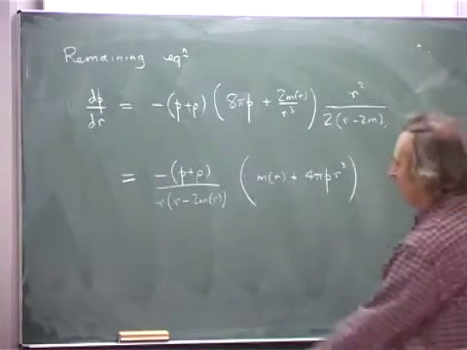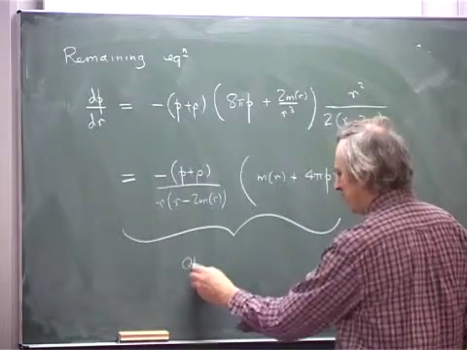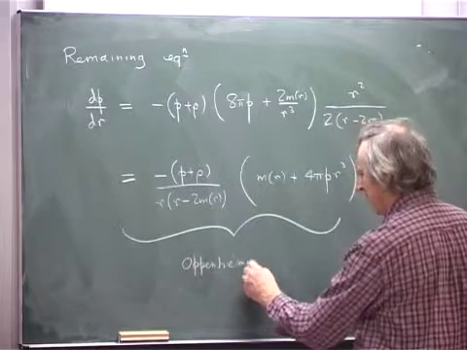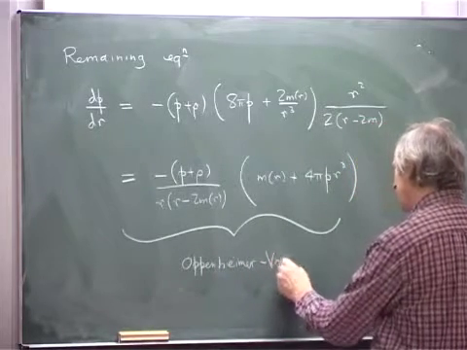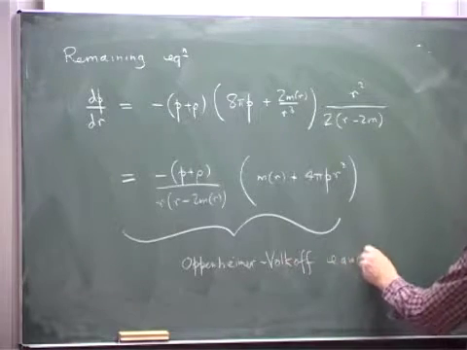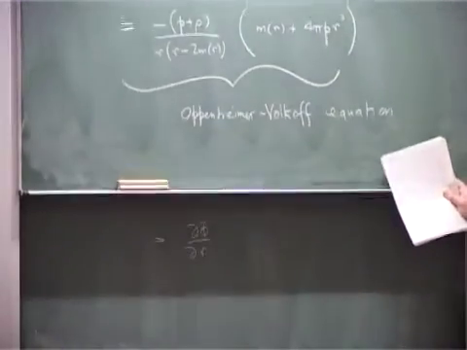This is sometimes called the Oppenheimer-Volkoff equation, after the first people who studied this in this context.